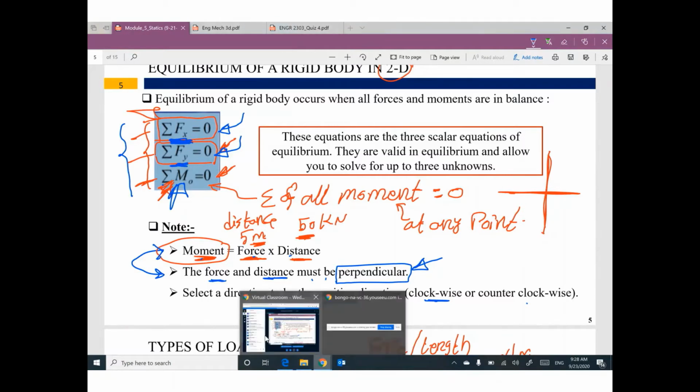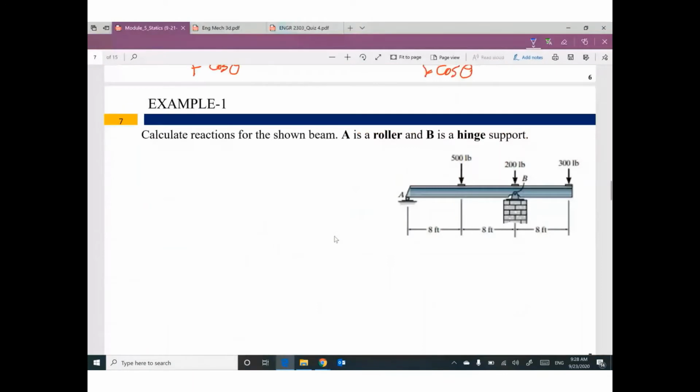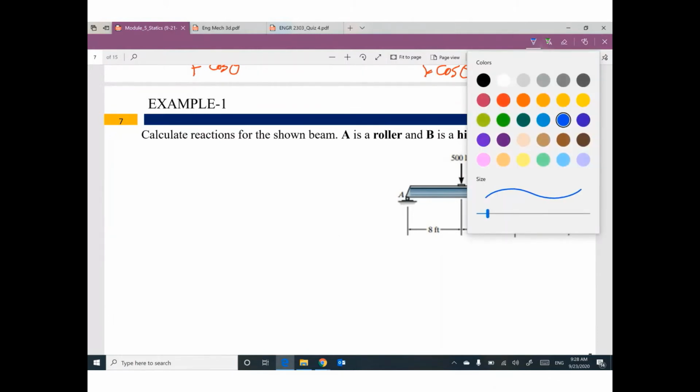Okay? So let's try to do this first example. We can expect something like this in the exam, the 5th question. And a problem like this, or in this topic, will ask you to calculate reactions.